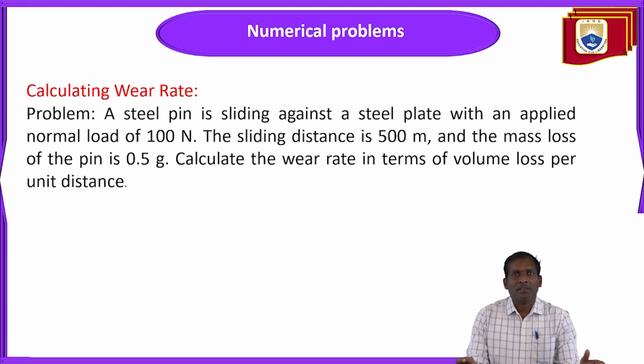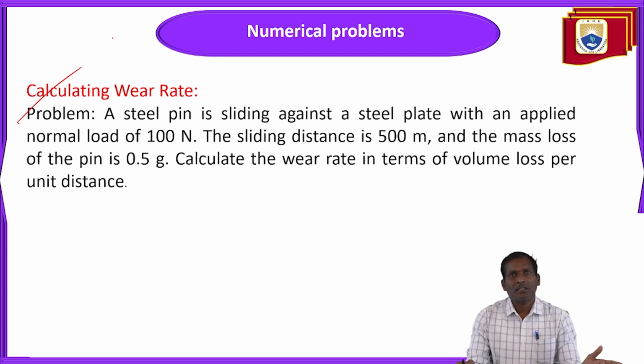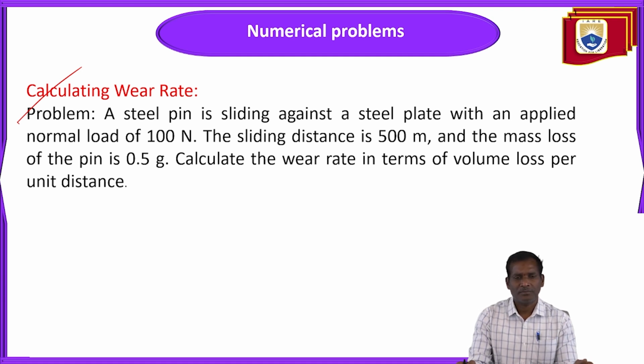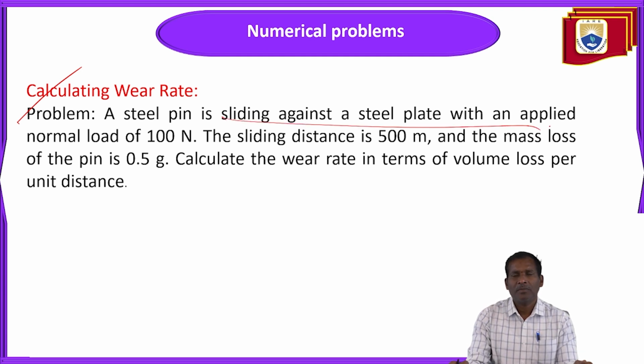Next one is calculating wear rate. A steel pin, as we have seen in the previous problem. One more problem here in terms of wear rate, in terms of volume loss per unit distance. A steel pin is sliding against a steel plate with an applied normal load of 100 newtons.